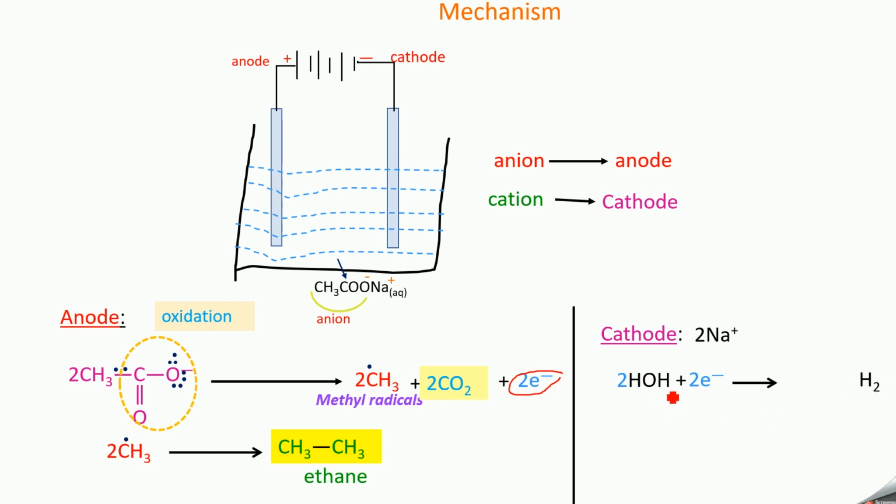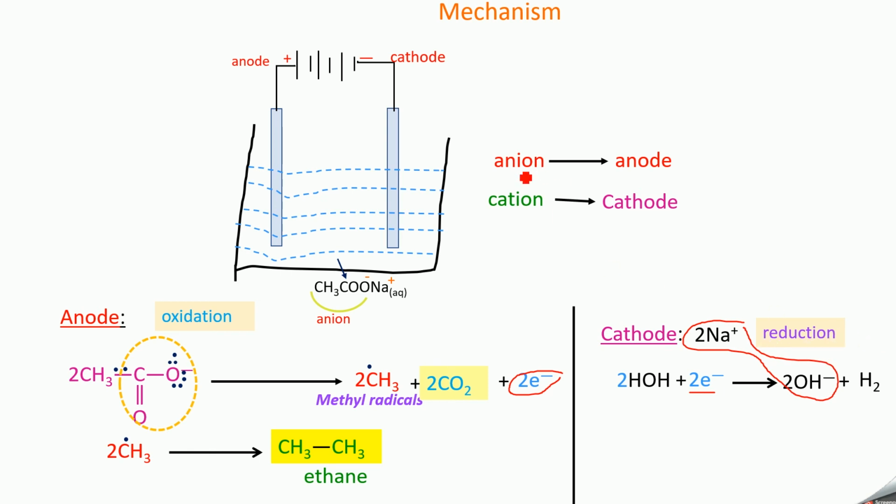Then the OH will be formed as OH-, so you are getting 2 OH-. And this Na+ and this OH- will form NaOH, sodium hydroxide. Since there is a gain of electrons at the cathode, reduction takes place. So at the anode, oxidation; at the cathode, reduction takes place.